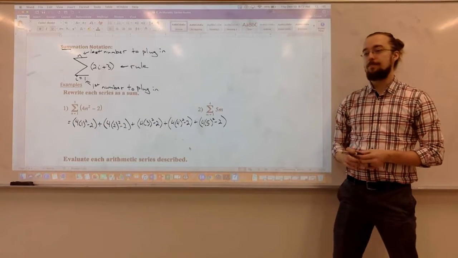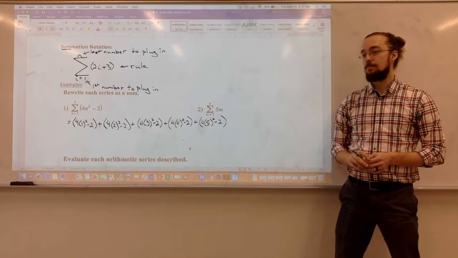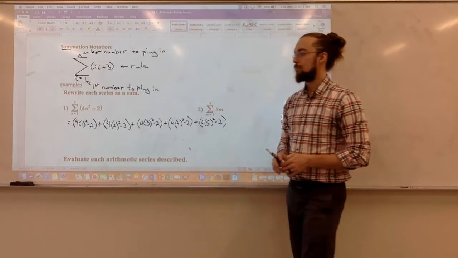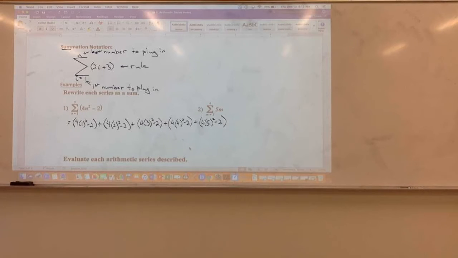Now, would it be easier to do it this way, or would it be easier to plug each one of those in as an X, and then we keep plugging them in? I could store 1 as X, and then just type in 4 times X squared minus 2 instead.